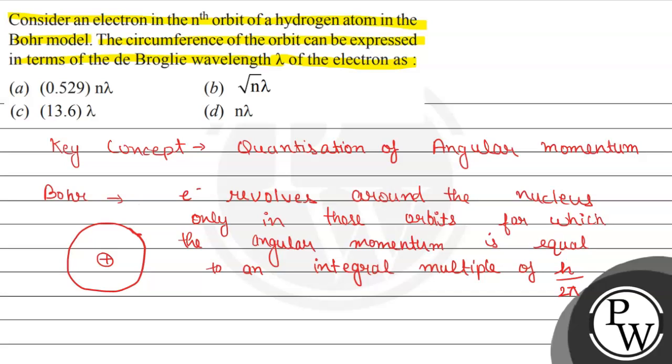So जो हमारे पास angular momentum के लिए formula रहता है, that is mvr. So it will be equal to nh upon 2 pi, और जो n है that represents the fixed orbit or the number is a whole number 1, 2, 3 and so on.